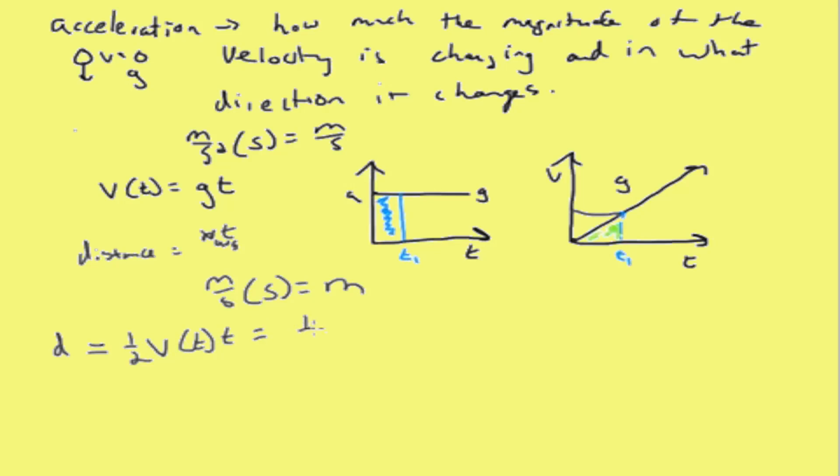So this ends up being 1/2 g t squared. So our position as a function of time graph will be a parabola.